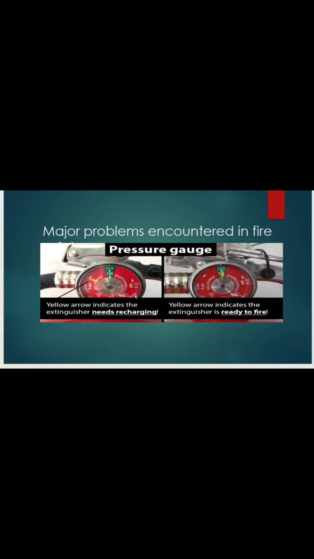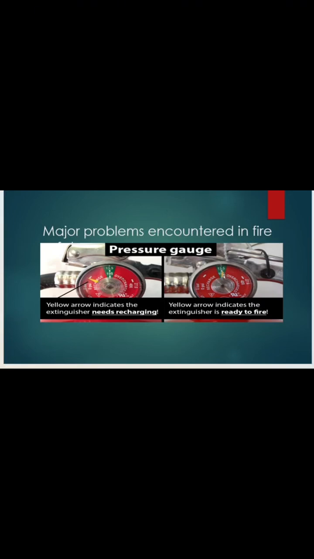The first thing is that the gauge is always on the green. If it is on the left side, it means it is discharged, and if it is on the right side, it means it is overcharged. So the fire extinguisher must always be on the green.